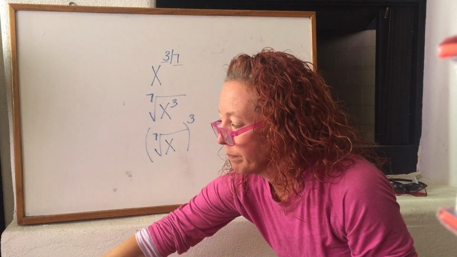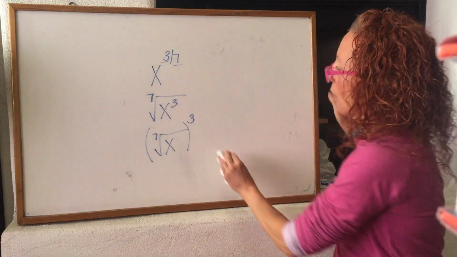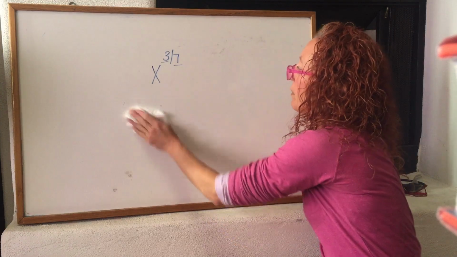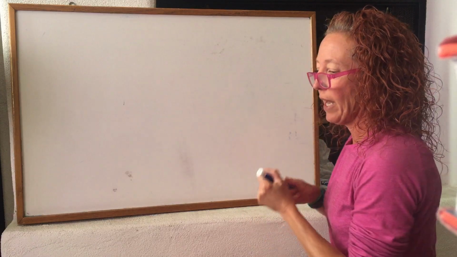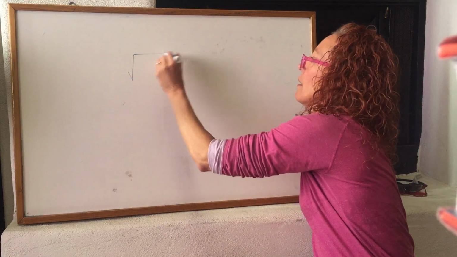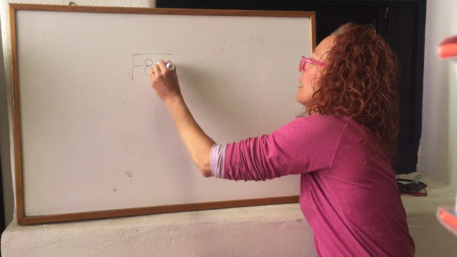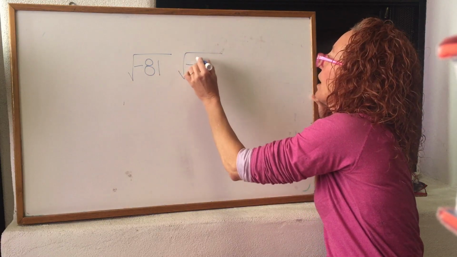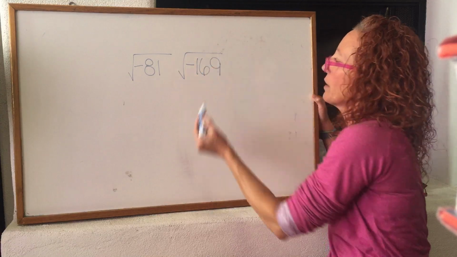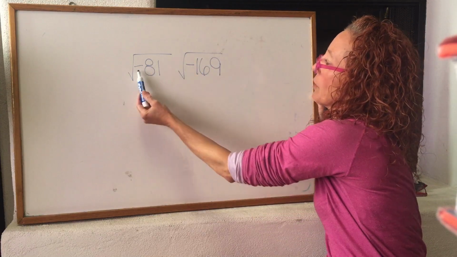Number 3, when you have a negative under the radical, this lesson comes from 10.8. This one is difficult. It's an easy concept, but somehow it's difficult for students to remember. You want to pull out those negatives.